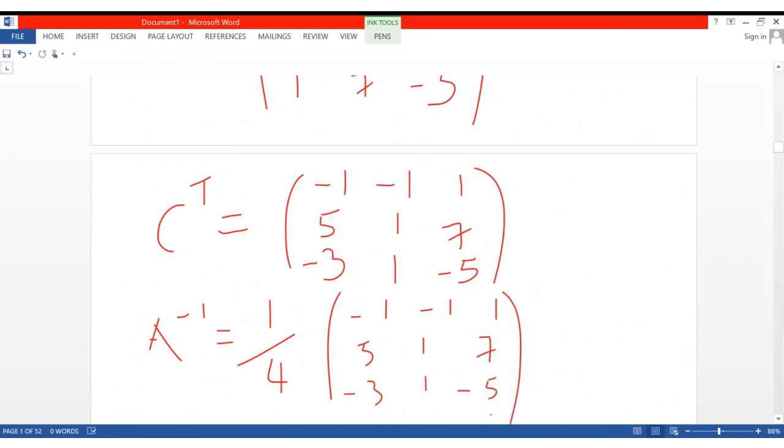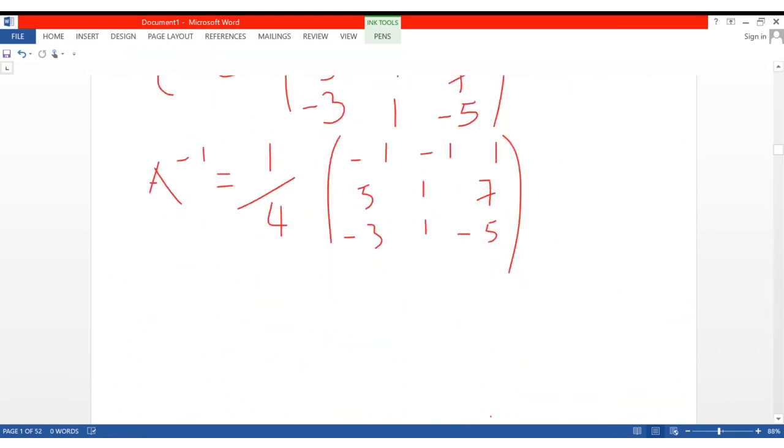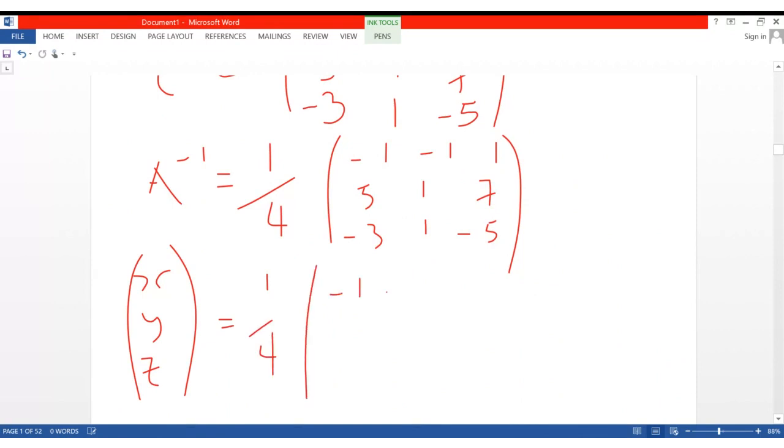And from there, we just have to calculate the value of x, y, and z. You can just take a quarter of this matrix, and then we multiply with our solution.